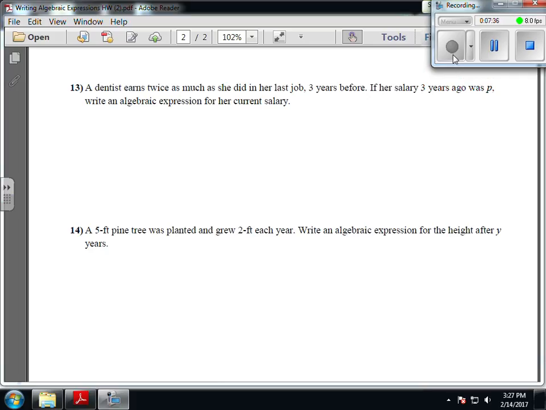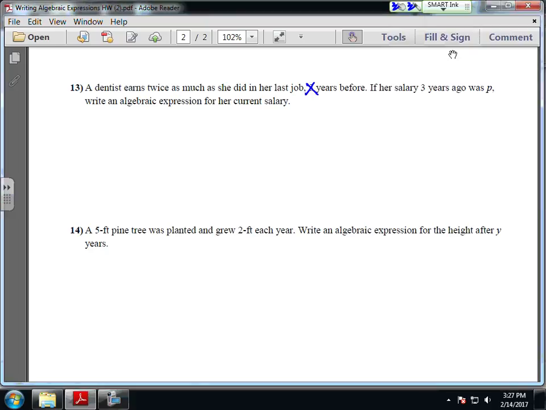So she earns twice as much as she did in her job 3 years before. We don't need to know anything about the 3. That does not help us at all. We need to know earns twice as much as her current salary. You can choose any letter you want, but I have to do twice a number.